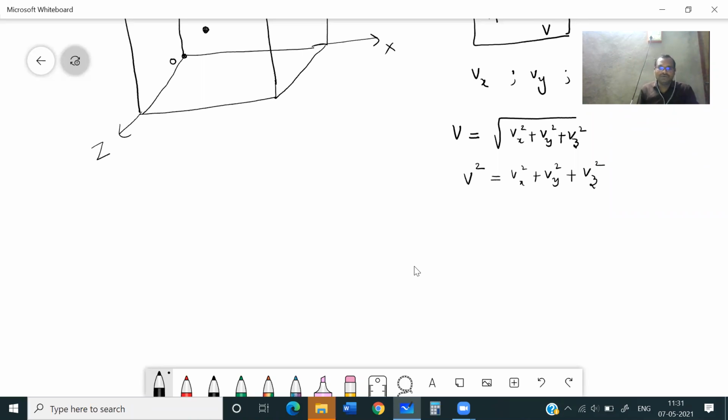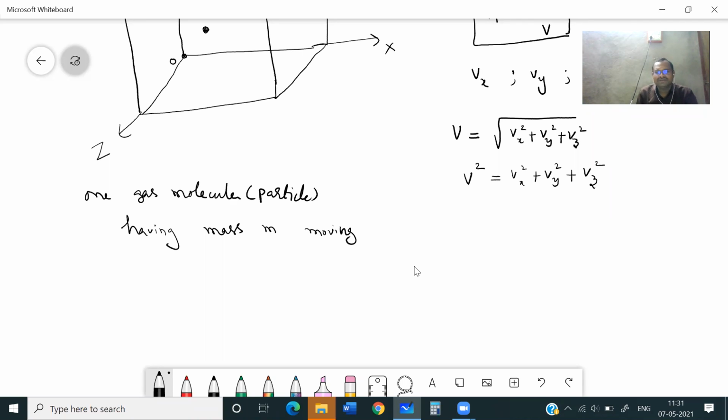Clear? Now let us suppose one gas molecule or particle having mass small m, moving with vx velocity.